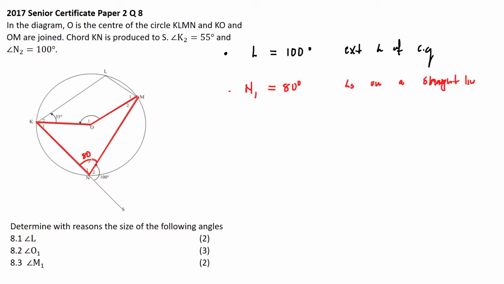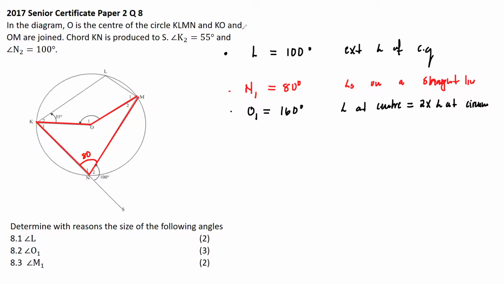And then because N1 is subtended by KM at the circumference and O1 also by KM at the center, O1 is 160. Your reason: angle at center is twice angle at circumference. So O1 is 160.